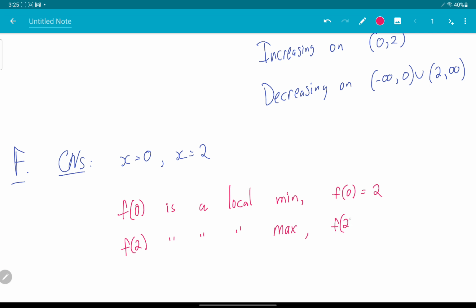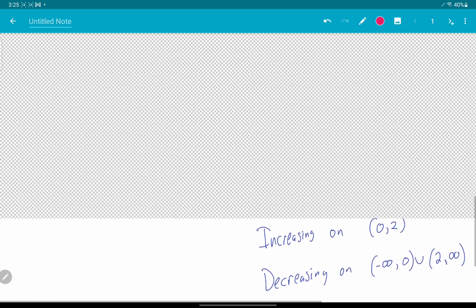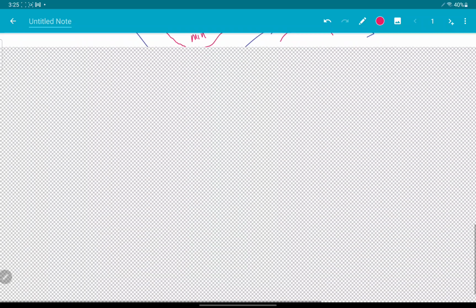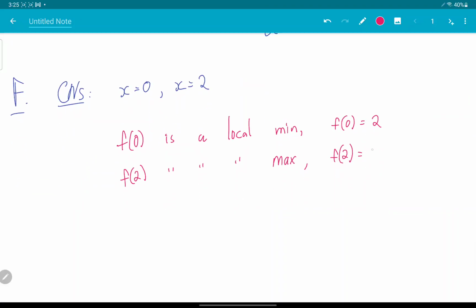F of 2 is, what's this function again? Here it is, 2 plus 3x squared minus x cubed. So we get 2 plus 12 minus 8, and that is 6, if I'm not mistaken.